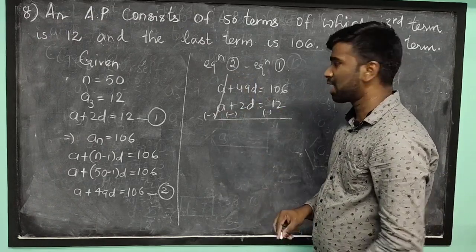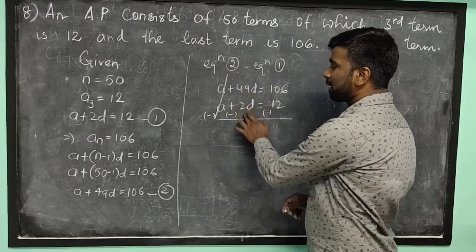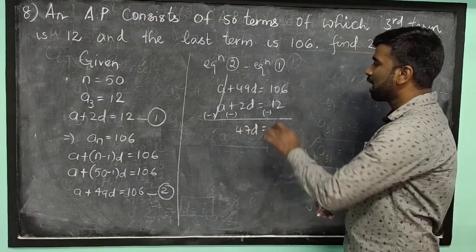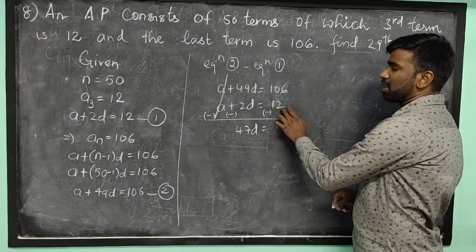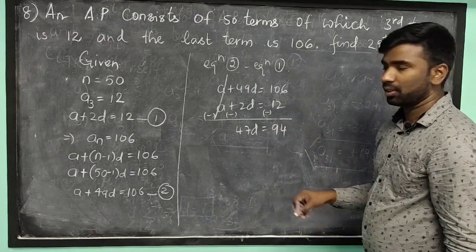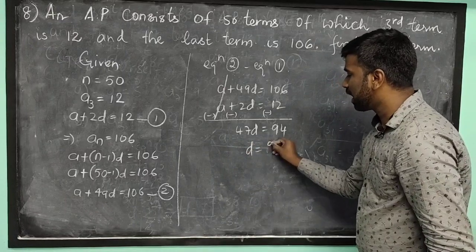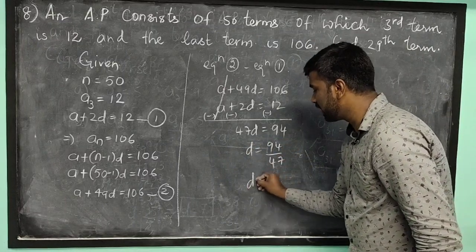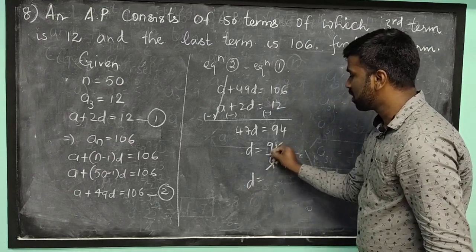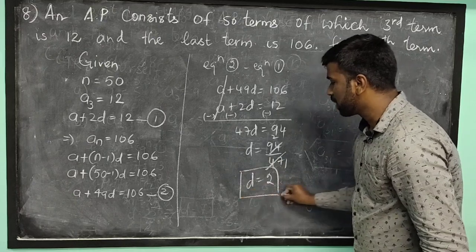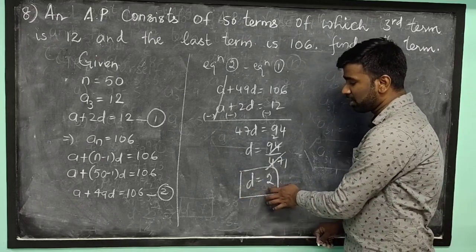Plus A minus A will cancel out. Now 49D minus 2D is 47D. Now 106 minus 12, we get 94. Now D equals 94 divided by 47. 47 ones are 47, 47 twos are 94. So we get D as 2. We got the common difference, D equals 2.